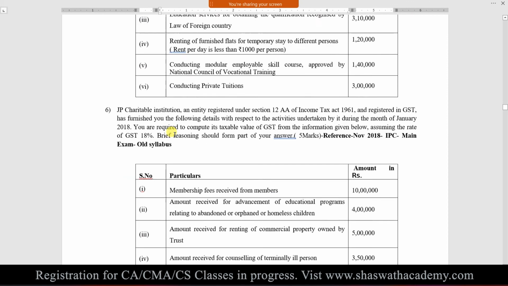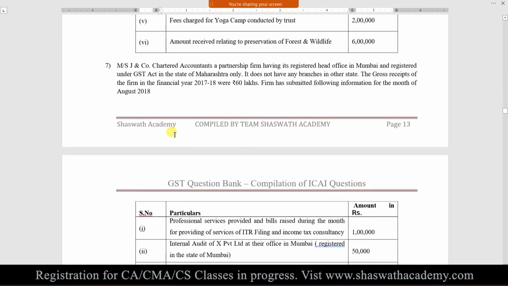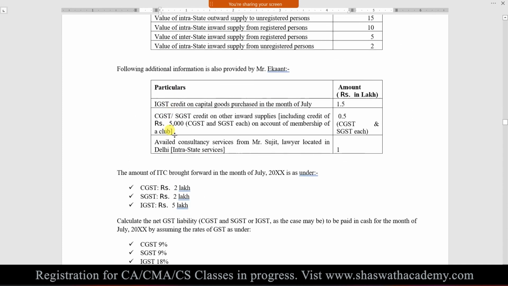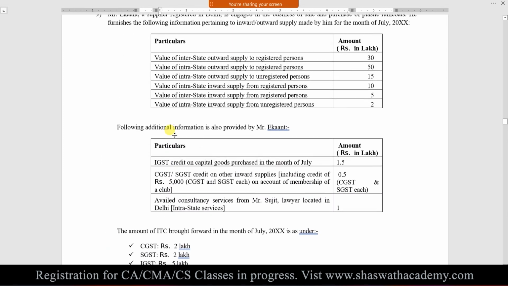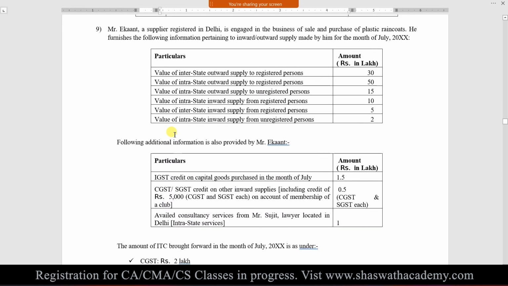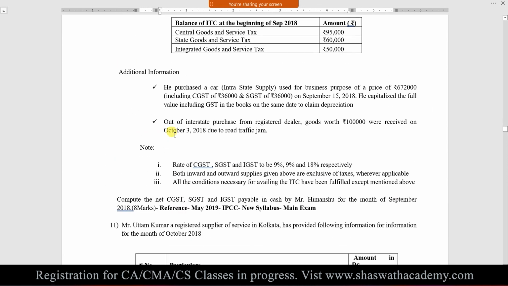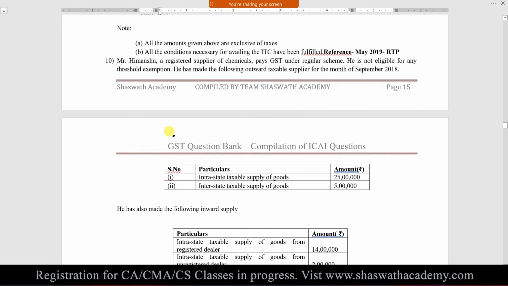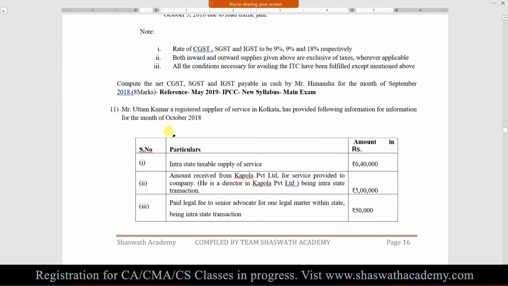Maheshwari service provided. I'm trying to dig out the toughest of the lot. And basically this Himanshu Limited one was given to you.